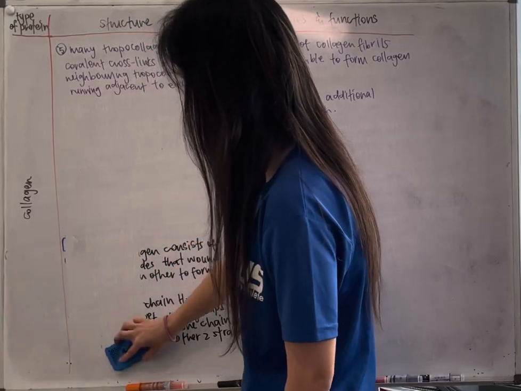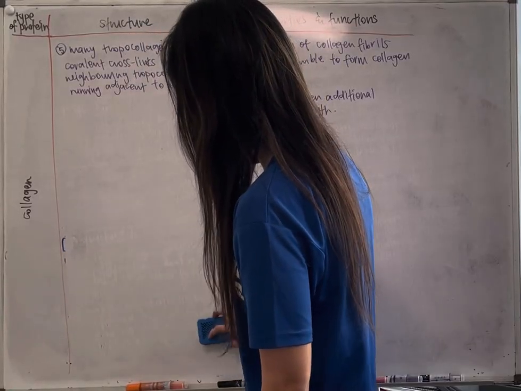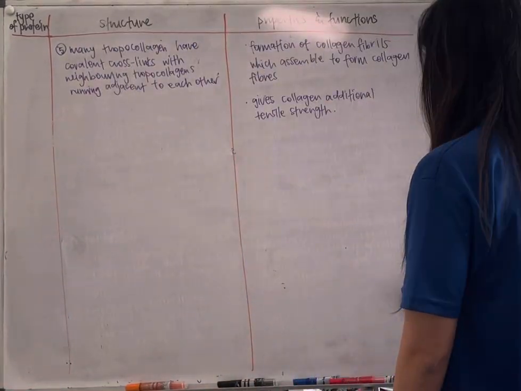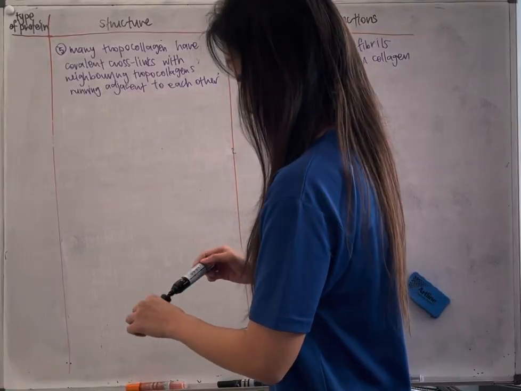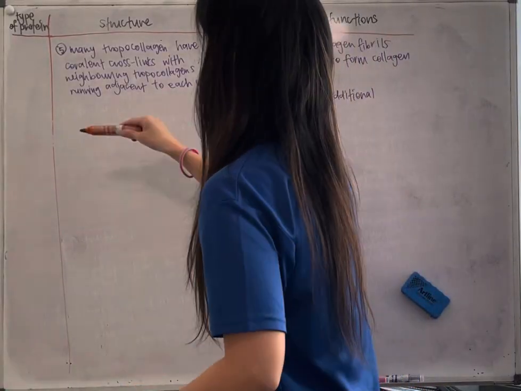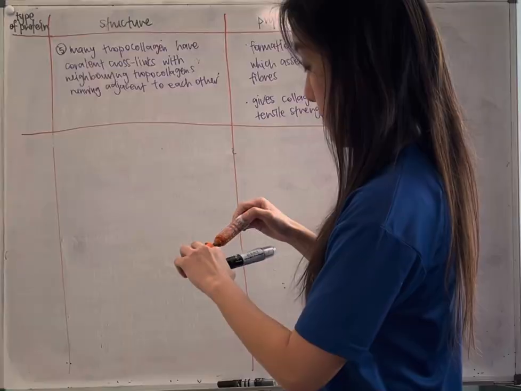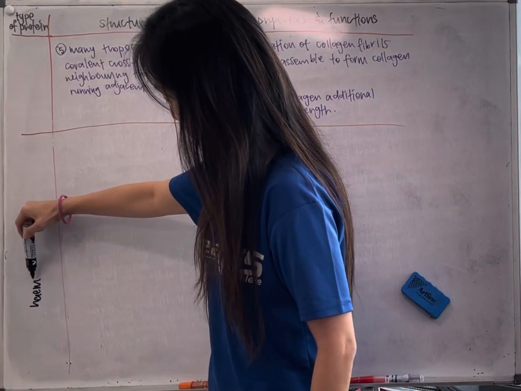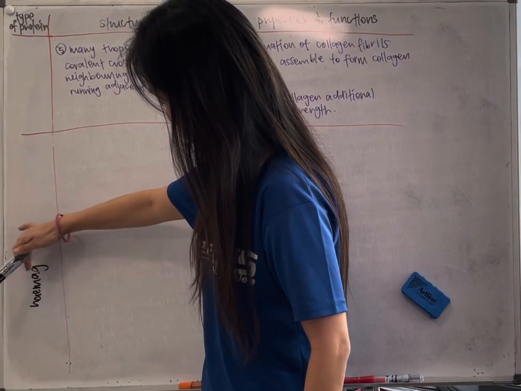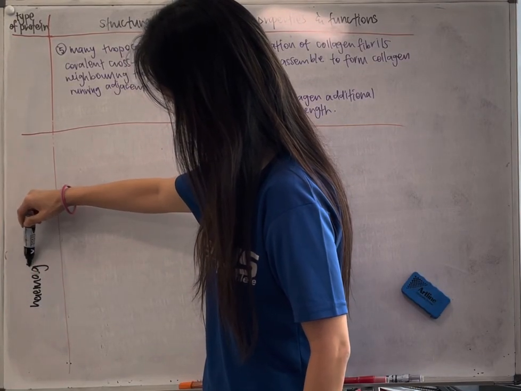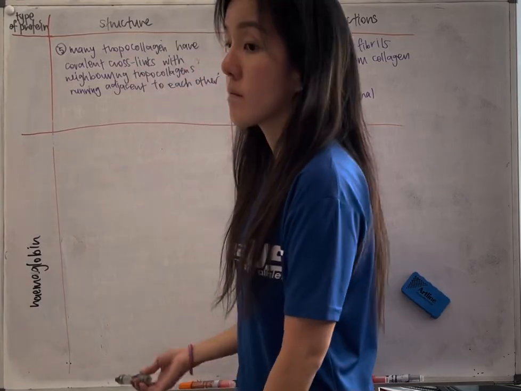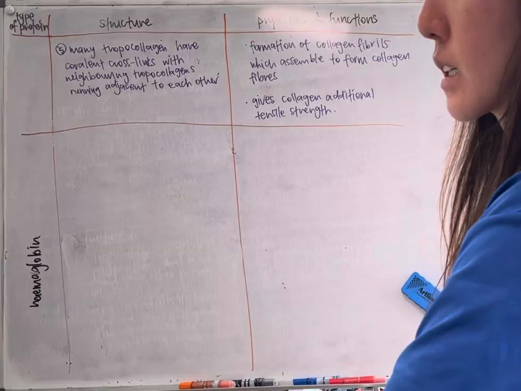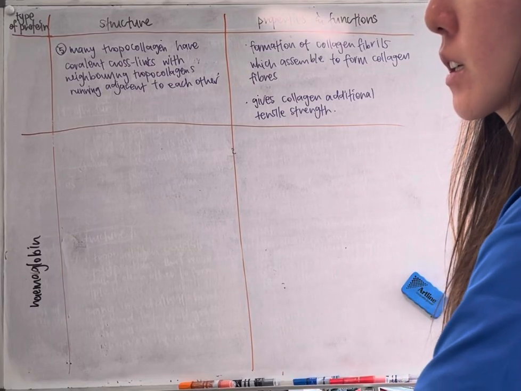Hemoglobin is a globular protein. So we need to learn the structural features of hemoglobin and how they help with its function.